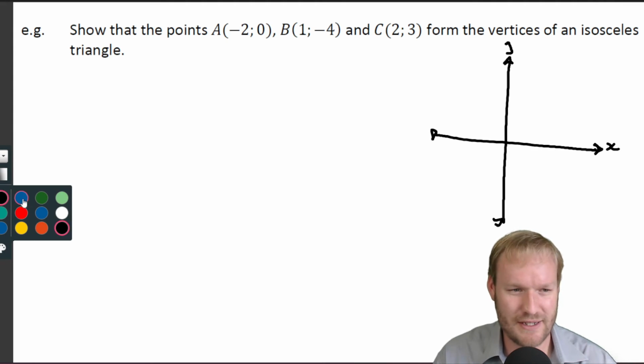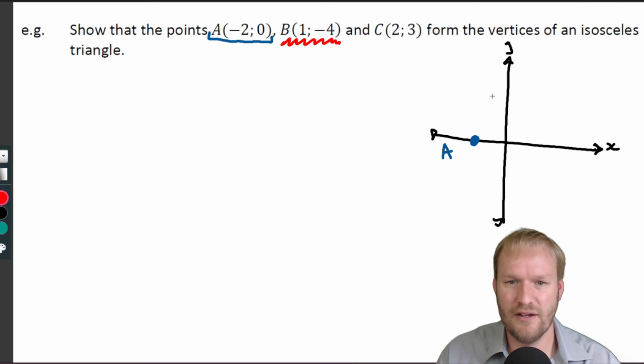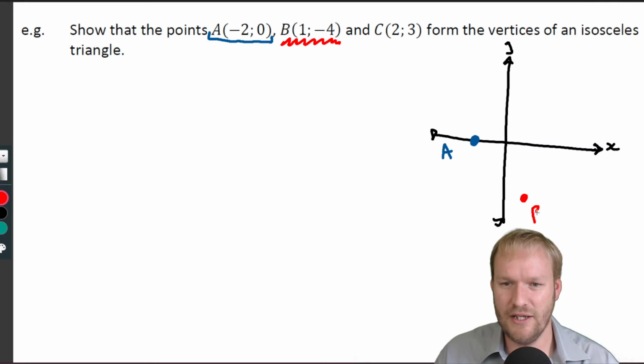That's my X and Y axes. So we've got point A at -2, 0, somewhere over there. I've got point B, and B is at 1, -4, so somewhere down there maybe.